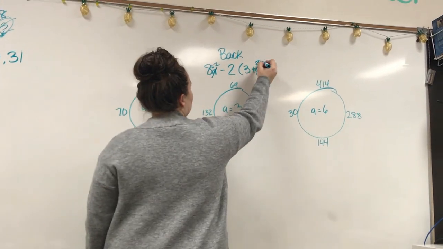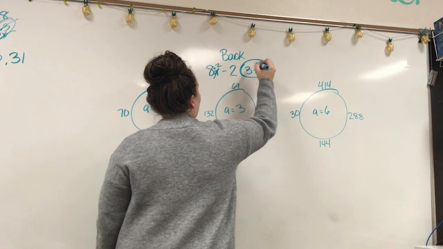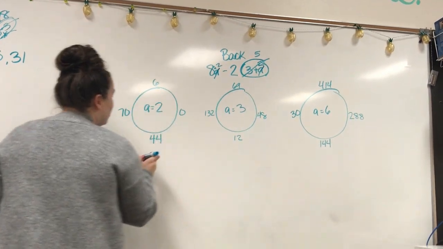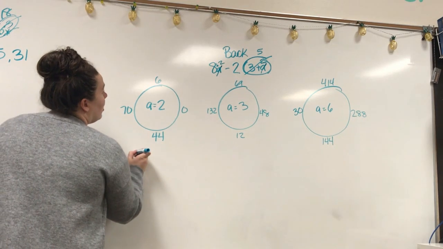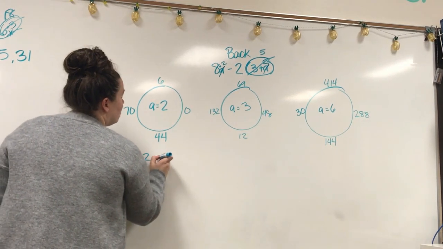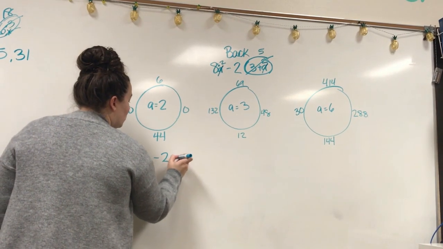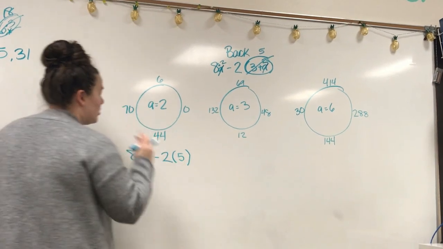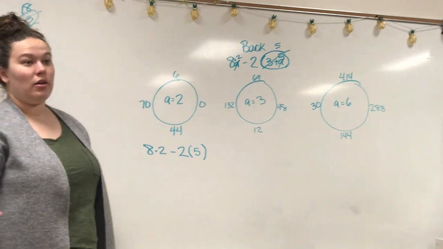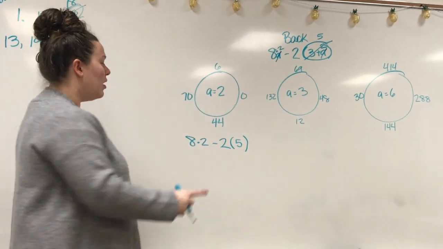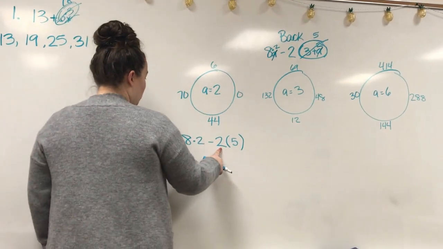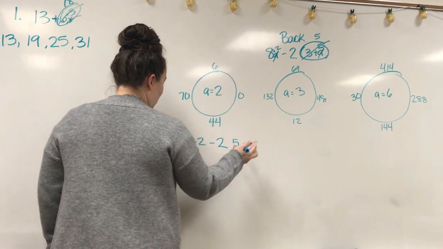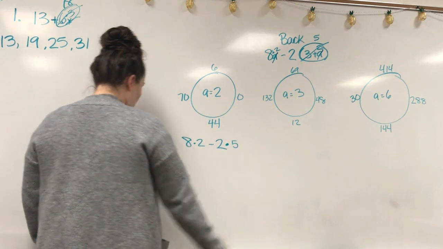Parentheses first, that would be 3 and 2 would turn into 5. I'm going to rewrite my problem down here. 8 times 2 minus 2, and it was touching the parentheses, and inside the parentheses turned to 5. Here is another fun thing that you might not know. If a number is touching parentheses, it also means multiply.